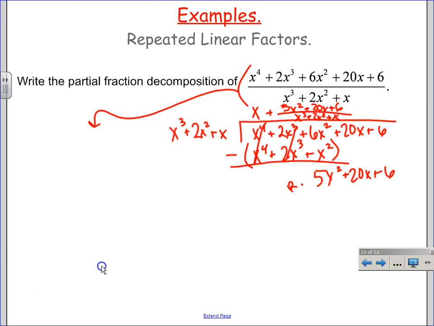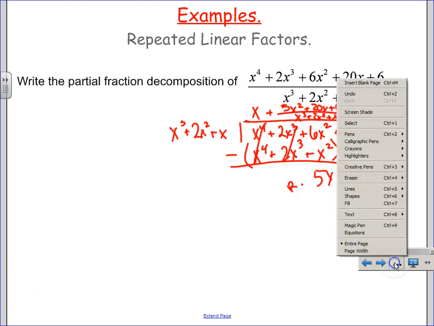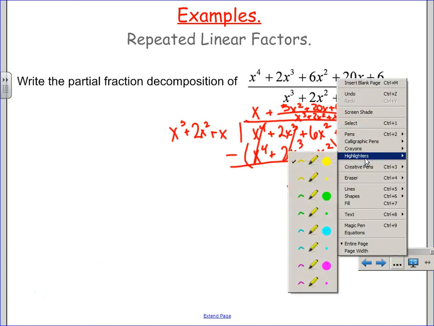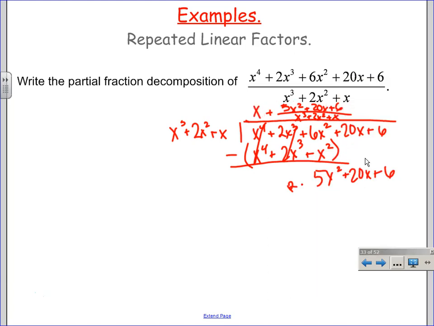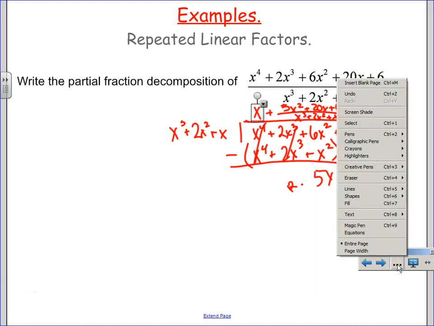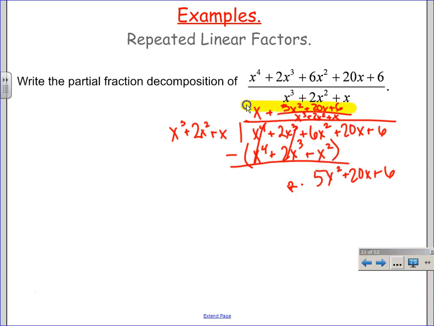No. Am I taking the whole answer to do partial fractions? No. Who do I split into partials? I need just the fractional part, the remainder. So I'm going to hold on to this. I'm going to remind myself, okay, this is the entire answer. This guy became this guy down below. But who am I actually looking at for partial fractions?